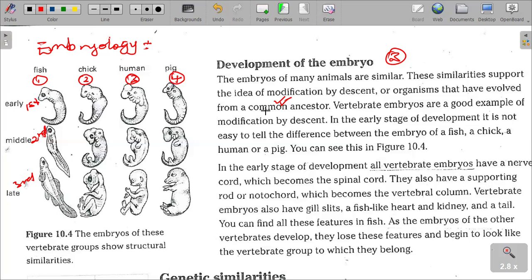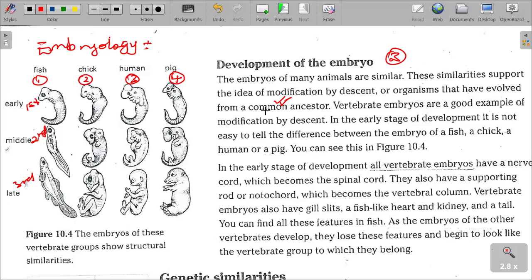In the early stages of development, it is not easy to tell the difference between the embryos. Let's look at the first one there. If we are given these four organisms as they are, we cannot tell which organism is a chick, which one is a fish, which one is a pig.